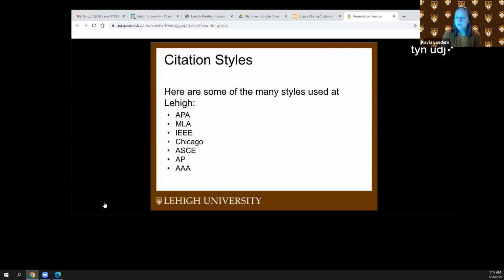So the reason that different citation styles exist and change over time is to address the different needs of different disciplines. As Mary just mentioned, the social sciences focus more on scholarly articles and timing, so the emphasis on the year is much more prominent in APA.